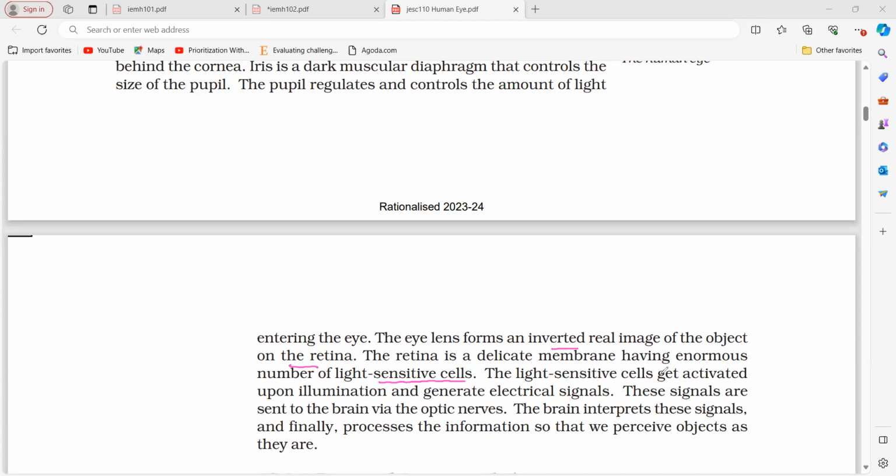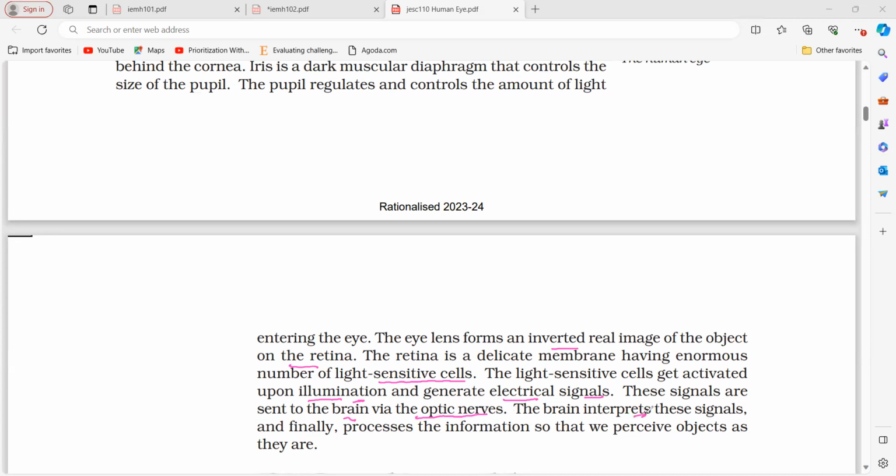The light sensitive cells get activated upon illumination and generate electrical signals. When the rays strike the surface, that is known as illumination, and then there is generation of electrical signals, and these signals are sent to the brain through the optic nerve.